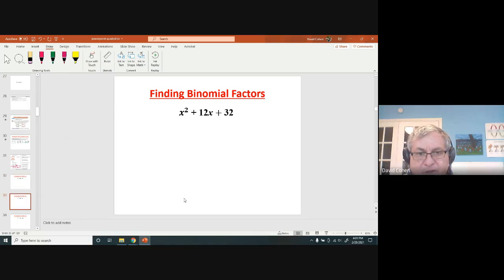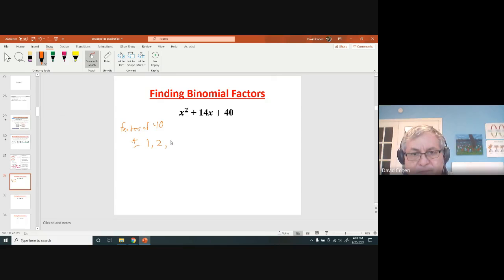Finding binomial factors. Let's do one. I'm looking here and I've got 40. Factors of 40 include positive or negative 1, 2, 4, 5, 8, 10, 20, 40.